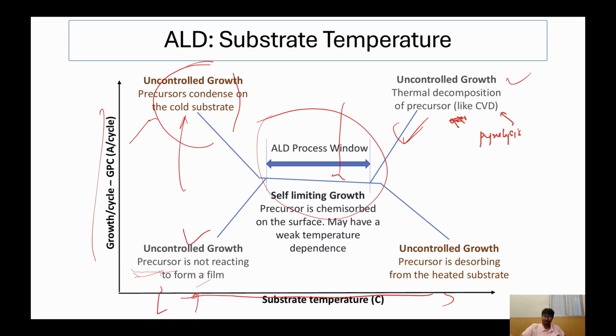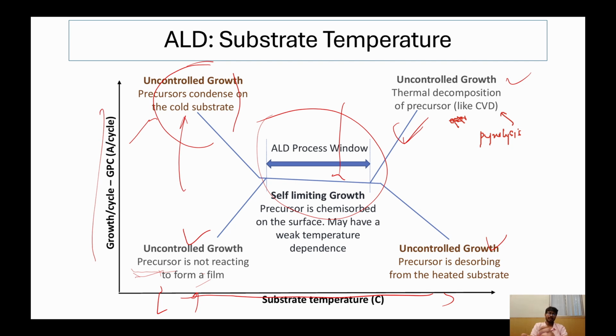So in that case you will also get a higher growth rate than expected, because a CVD-like growth will happen. And another one is the desorption of the precursor. As I told you, the precursor is reacting with the substrate, only forward, no backward reaction.